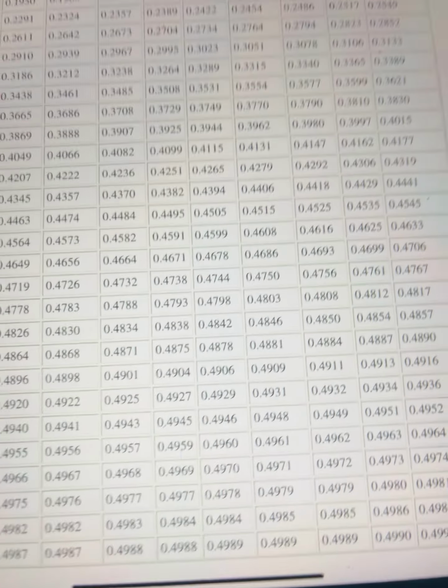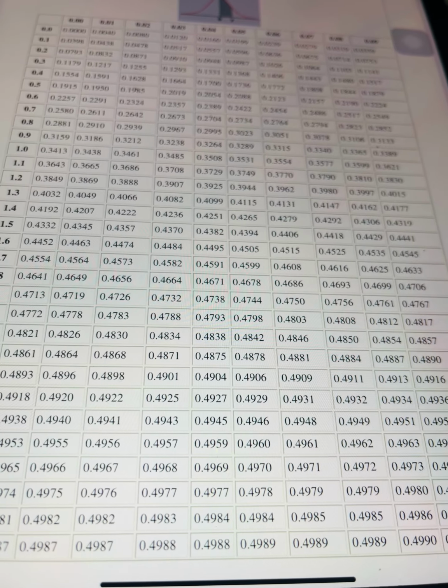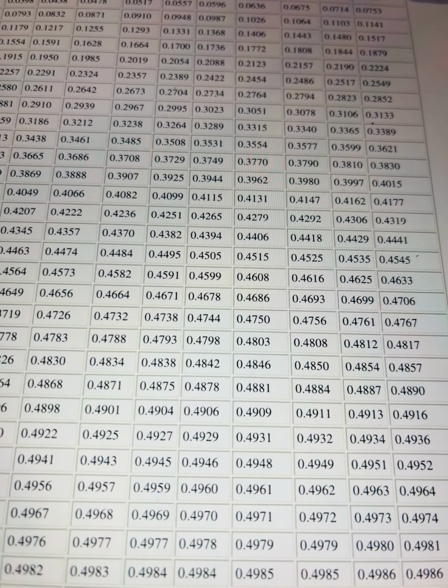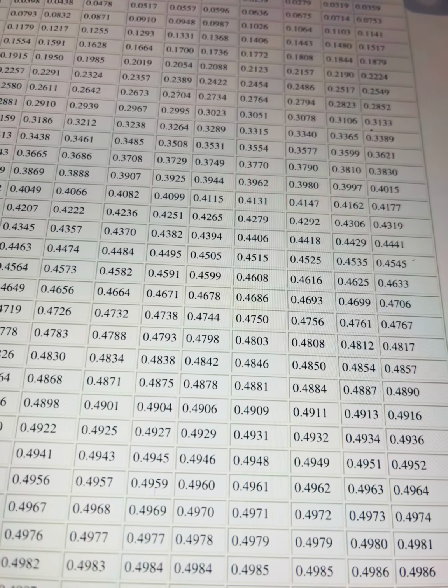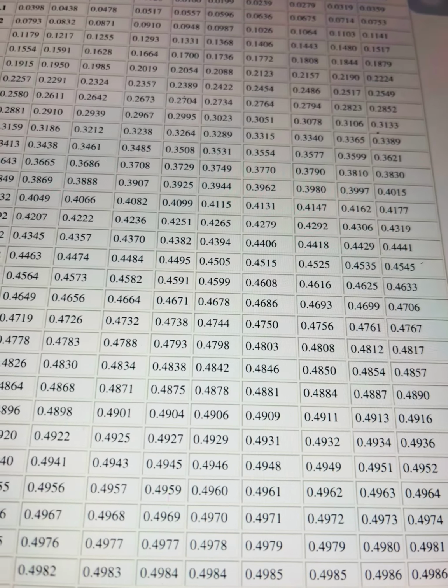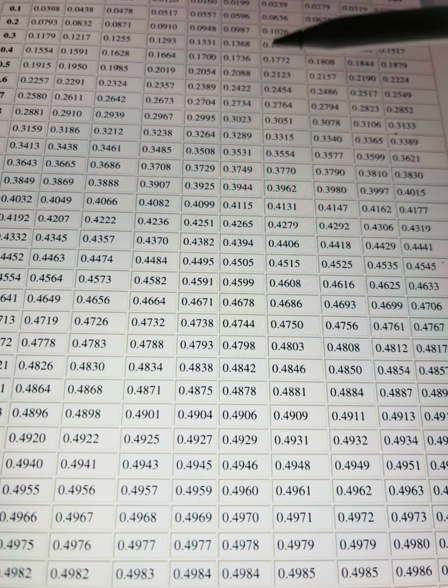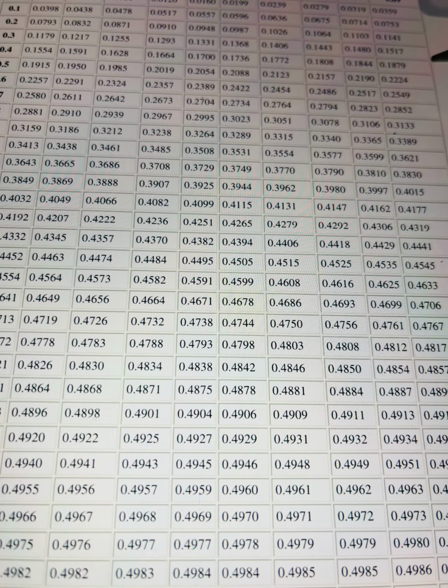So this is the z table, and we'll be finding the 0.1500 here.